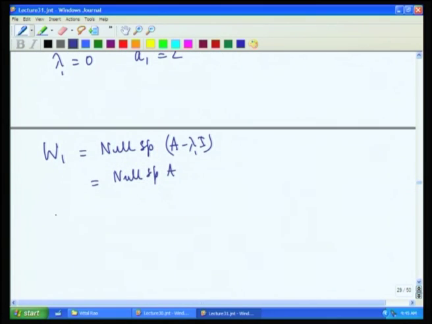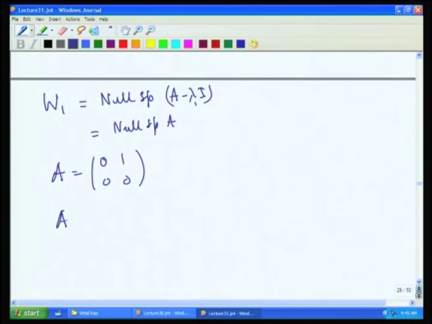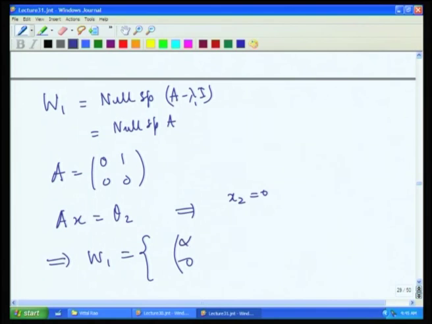Lambda 1 is 0, which is the same thing as the null space of A. But A is this matrix 0, 1, 0, 0. To find the null space, we must solve the equation A x equal to theta, which gives us x2 equal to 0. That is the only equation, and therefore W1 consists of all vectors for which x2 is 0 and x1 can be anything.